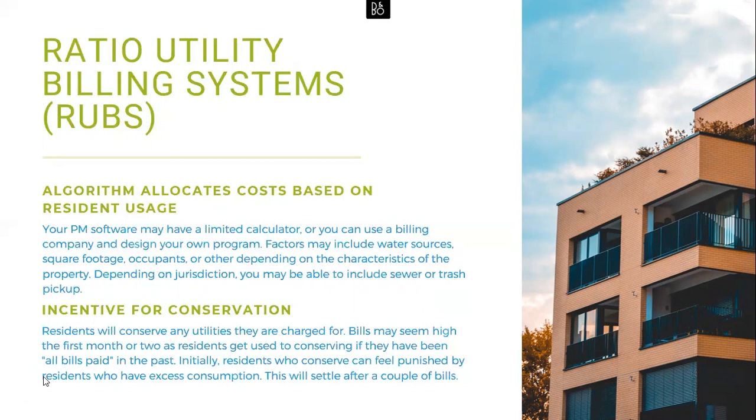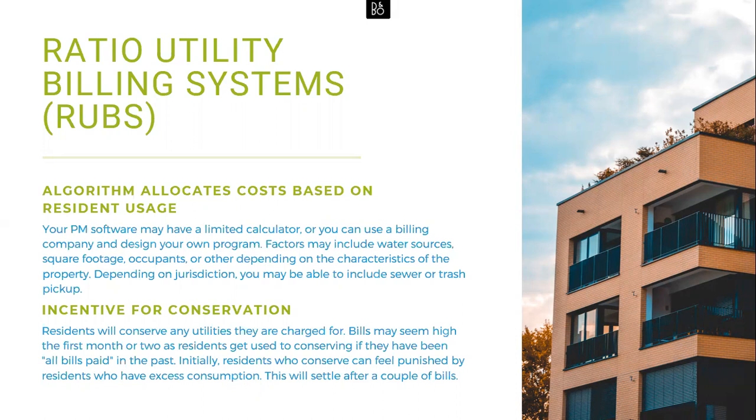However, what's nice about ratio utility billing, or RUBS, is that the owner has zero equipment investment, and it's still extremely fair if a program is applied properly. So let me explain a little bit about what ratio utility billing is. Again, there's zero investment for the owners. RUBS is based on an algorithm or an equation.